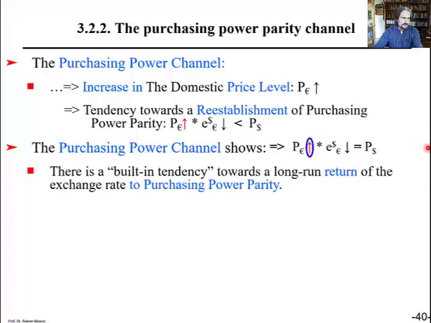So there is a kind of built-in tendency towards the long-run return of the exchange rate to the purchasing power parity.